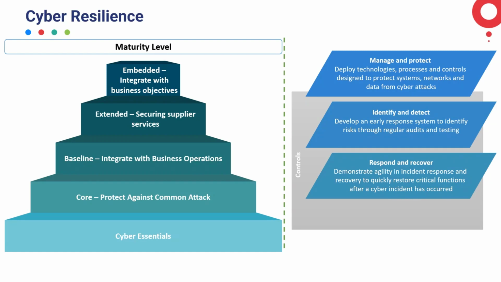Now, take another scenario. Today, many organizations have implemented what is called a SIEM tool. Now, with AI and ML, we are focusing on how we can bring in automated orchestration.